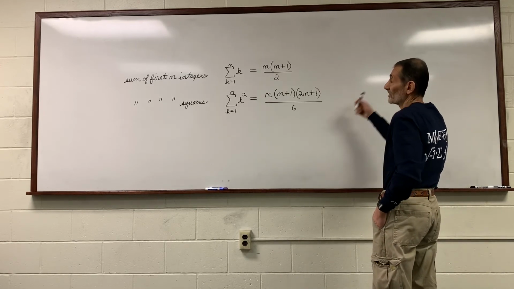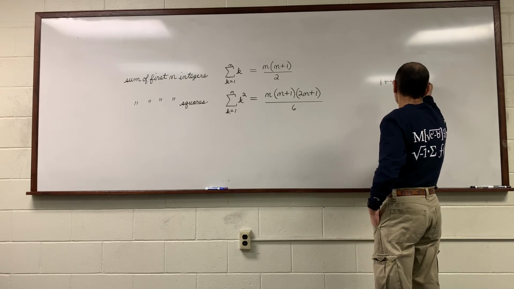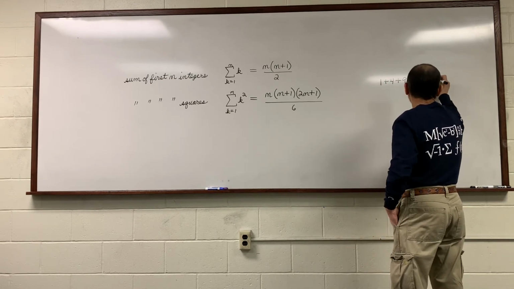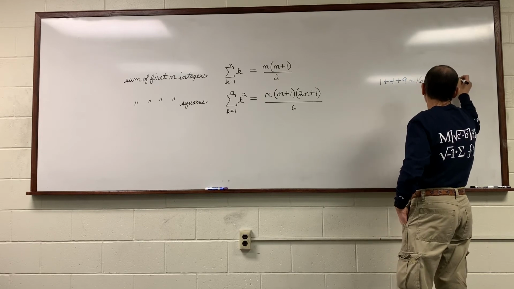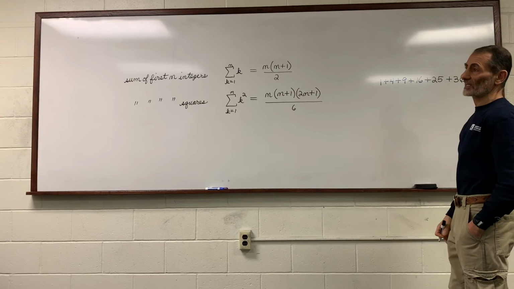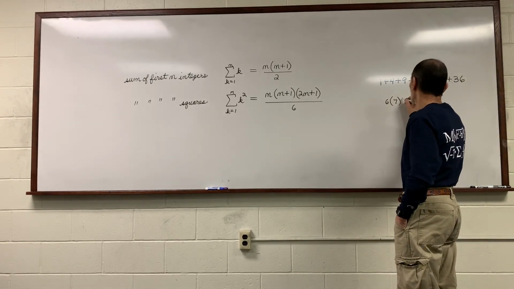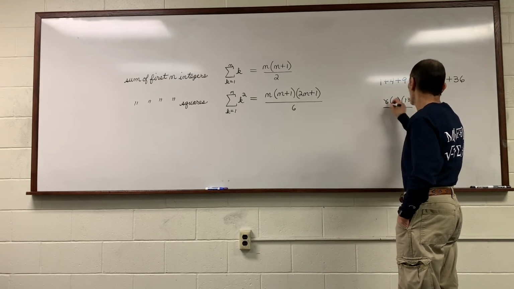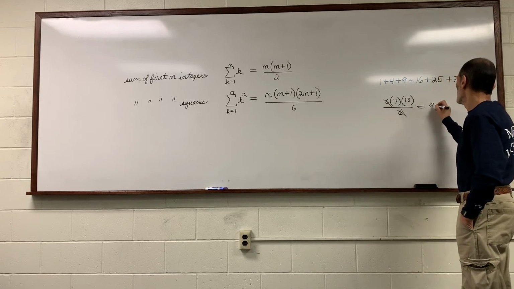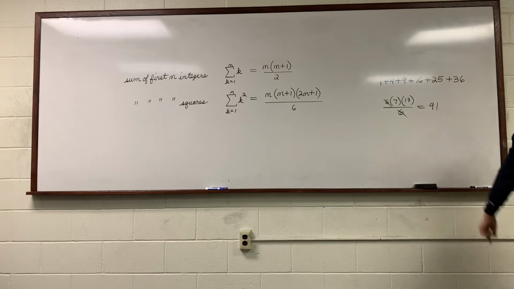Sum of the first n squares. Suppose we wanted to add up 1 plus 4 plus 9 plus 16 plus 25 plus 36. All right, here we have n equals 6. So the sum of those should be 6 times 7 times 13 over 6, boom, boom, 91. Let's take a look. 5, 14, 30, 55, 91.